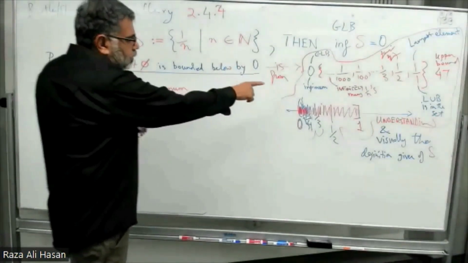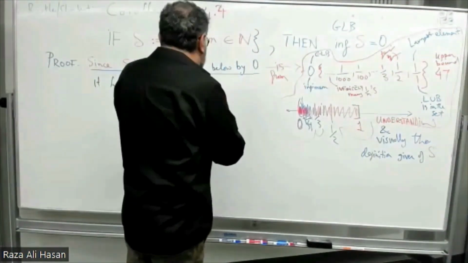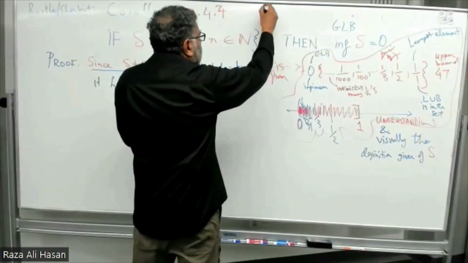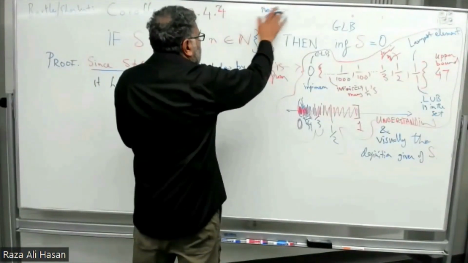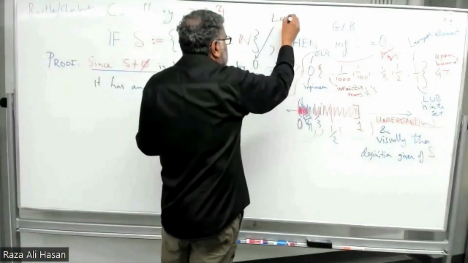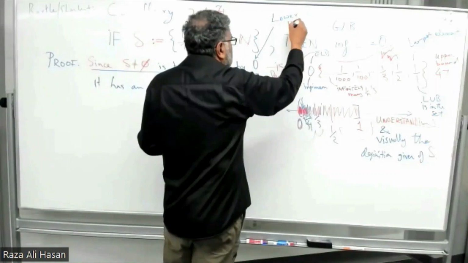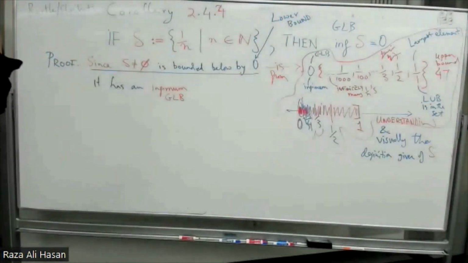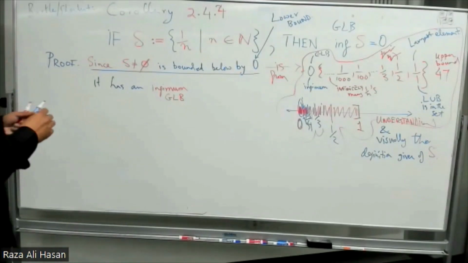Right now, all we know is that this has been identified as a lower bound. So it has a lower bound, it is non-empty, therefore it has an infimum, and let's give it a name.